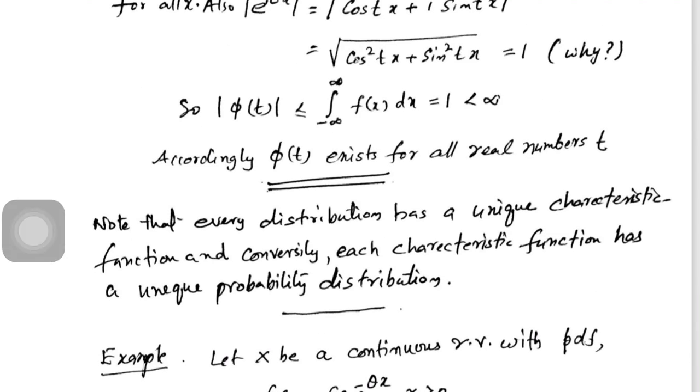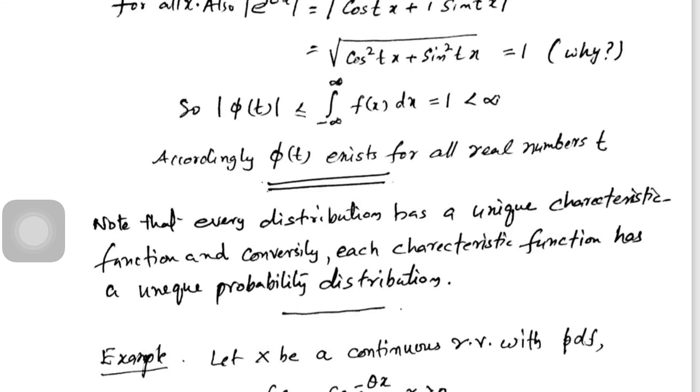Note that every distribution has a unique characteristic function, and conversely each characteristic function has a unique probability distribution. This is the main advantage of the characteristic function over the moment generating function. The property of uniqueness is true for the characteristic function also.